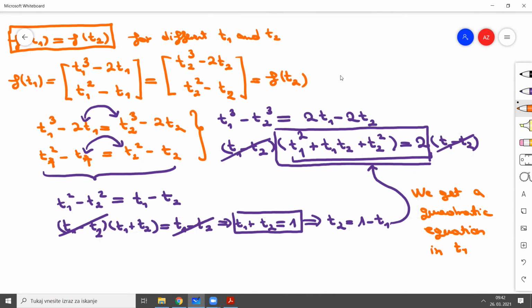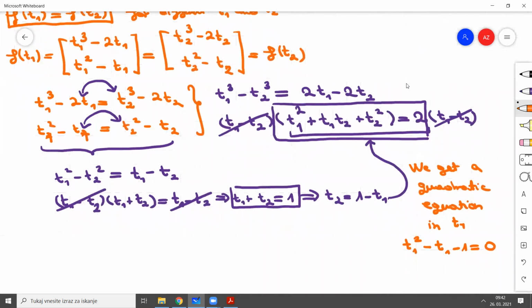So actually what we get is T1 squared minus T1 minus 1 is equal to 0. You can do this computation by yourself, but this is what we get. And we know how to solve it. We have the formula to solve this quadratic equation, and we have two solutions for T1.